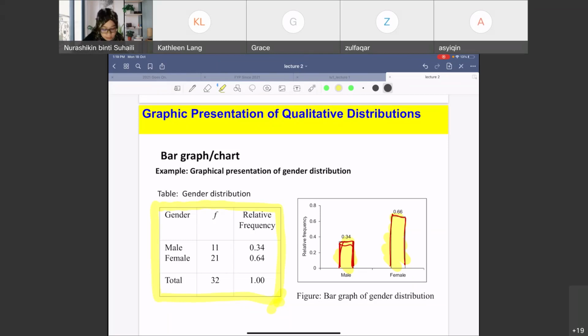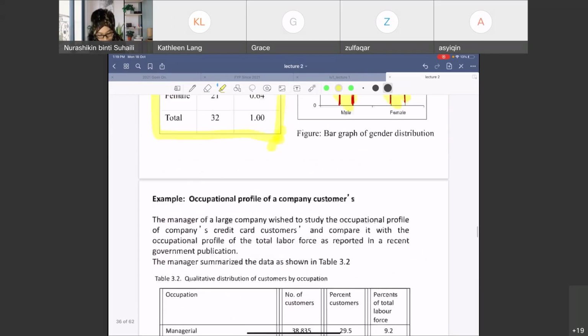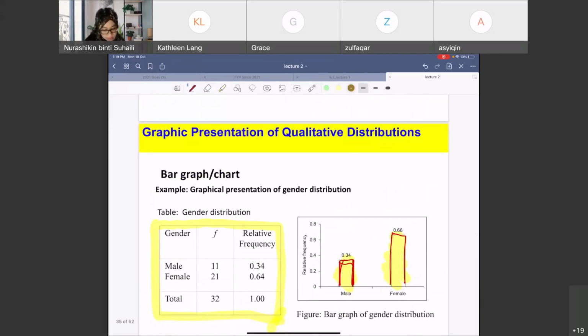When we have a bar graph or chart, say 11 out of 32, we can see that female is higher than male. It's a better illustration. Or maybe we can also present this data in terms of a pie chart.